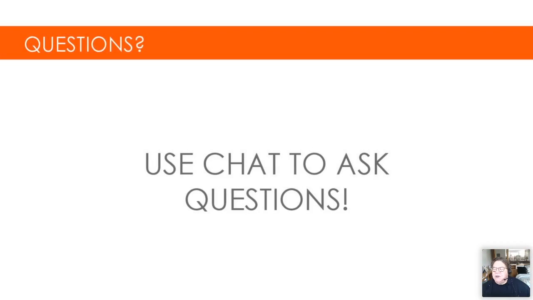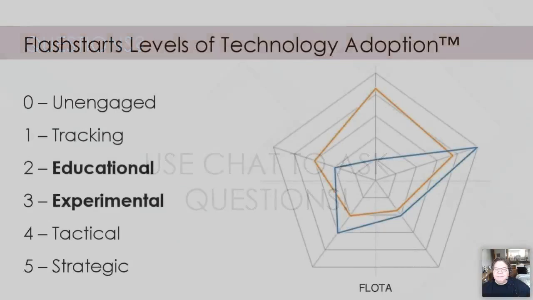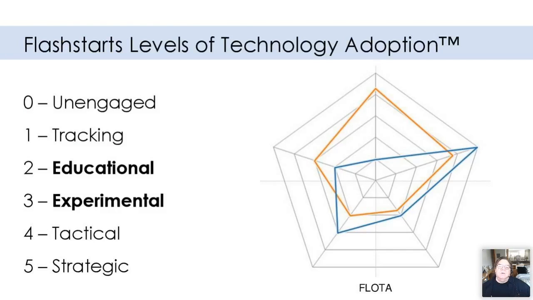Again, use the chat to ask questions. Flashstarts has a concept called levels of technology adoption, or FLOTA. This is important because we focus on emerging technologies, and emerging technologies go through a series of steps as they get adopted, from unengaged to strategic value.